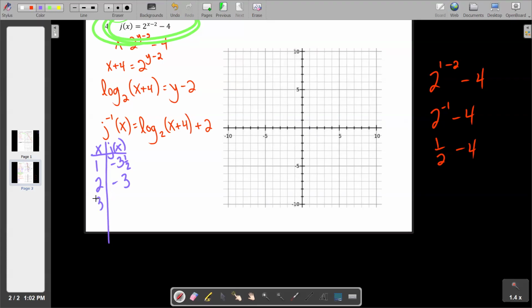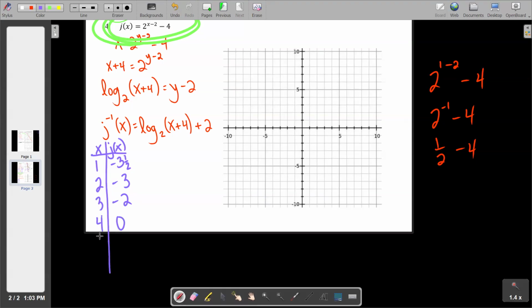If x is 3, what's 3 minus 2? 1, right? 2 to the 1 is 2. What's 2 minus 4? -2. Start to see it happening here soon. 4, put in 4 for x. What's 4 minus 2? 2 to the 2, 4 minus 4. Okay. Liftoff is about to commence.